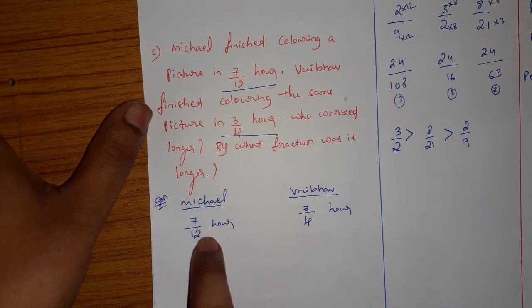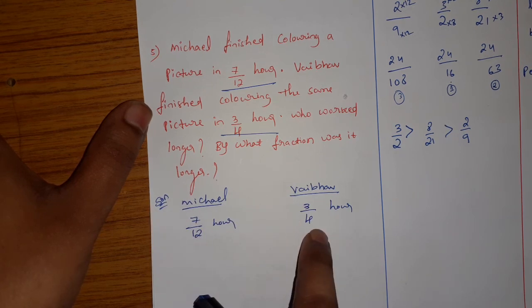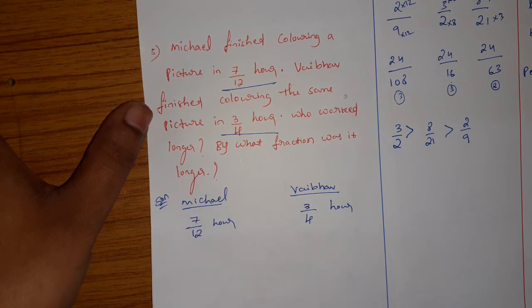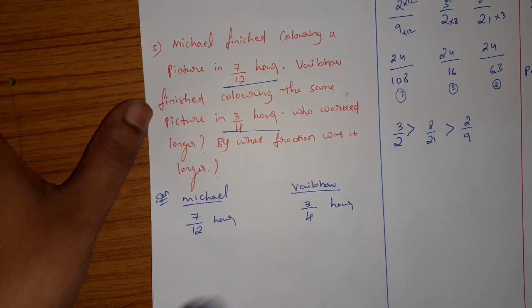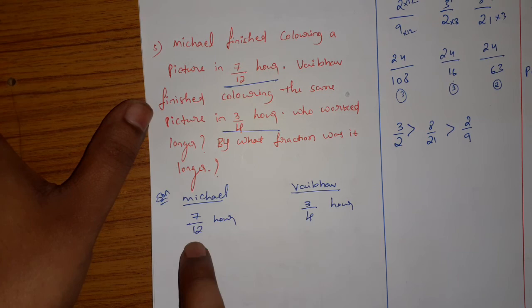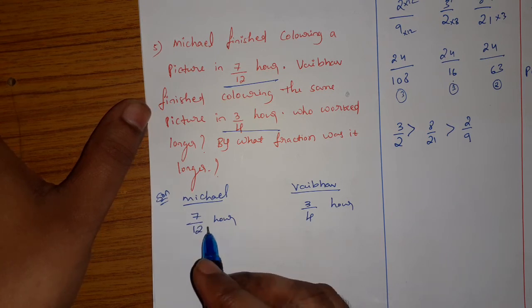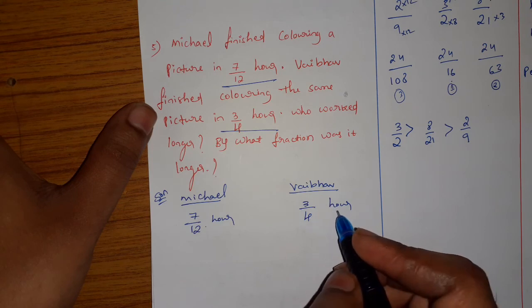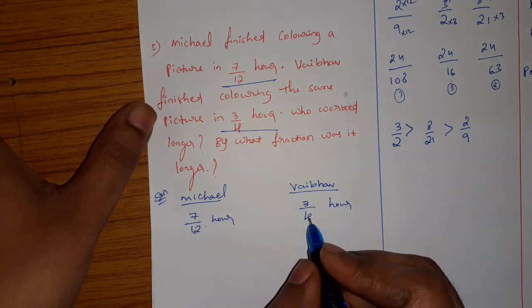Therefore, you can't make 12 into 4, but you can make 4 into 12. It's very easy, because in the 4 table 12 exists, but in the 12 table 4 doesn't exist, because it starts with 12. 12 ones are 12, 12 twos are 24, it goes on increasing. So you keep this as it is and change the time taken by Vaibhav. 4 how many times is 12? 4 3s are 12.